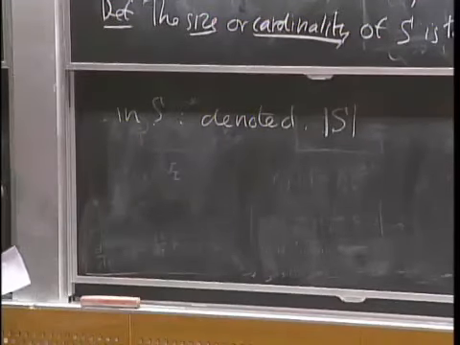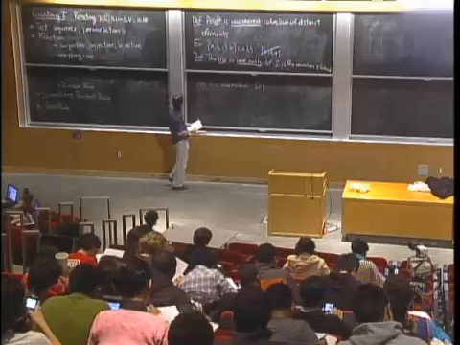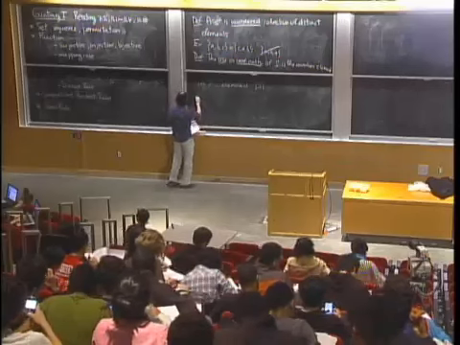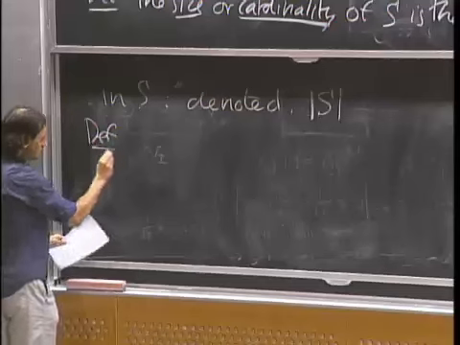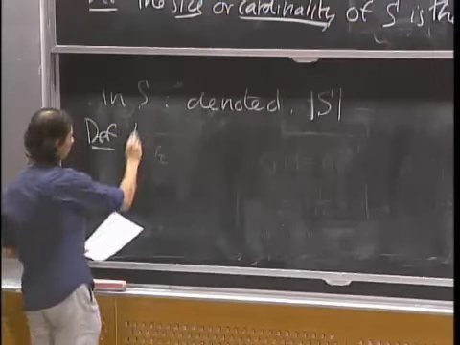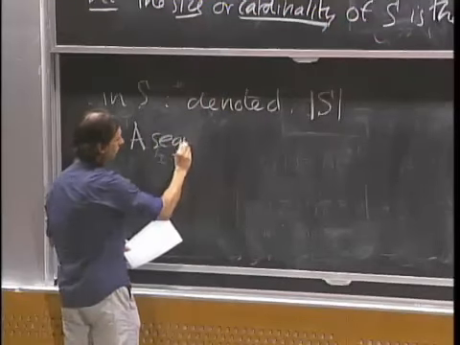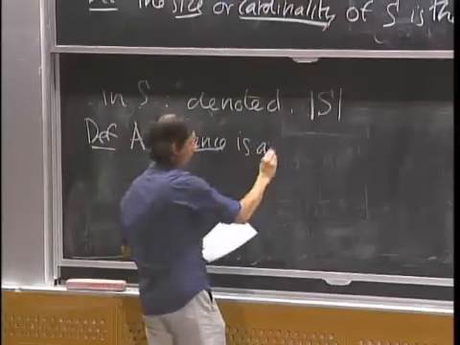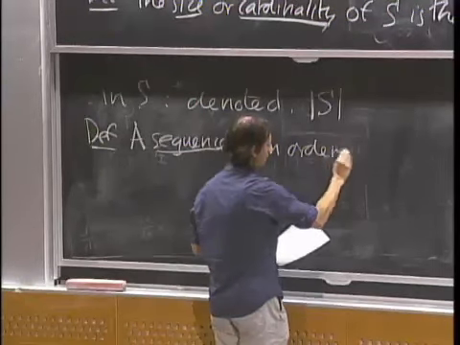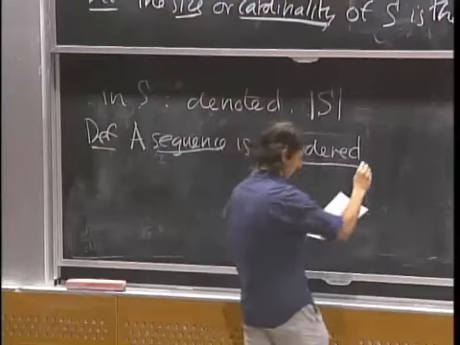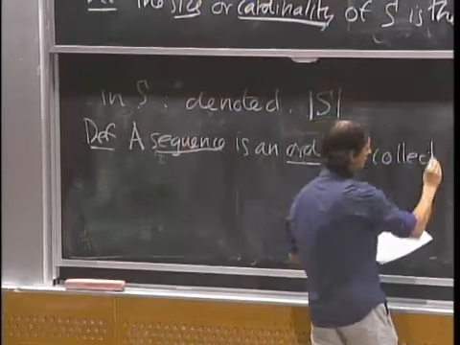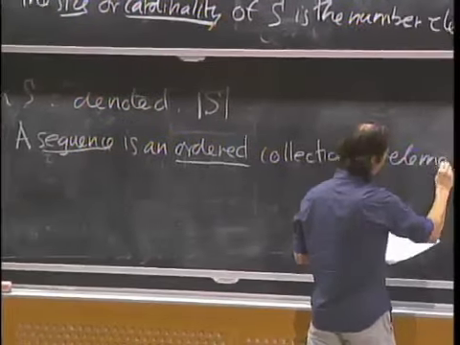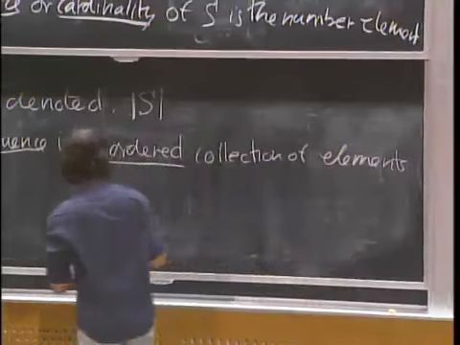Now, when we talk about sets, we may also be interested in ordered collections of elements, and that's what we call a sequence. So a sequence is defined as follows. A sequence is an ordered collection of elements, and we also call these elements components or terms.